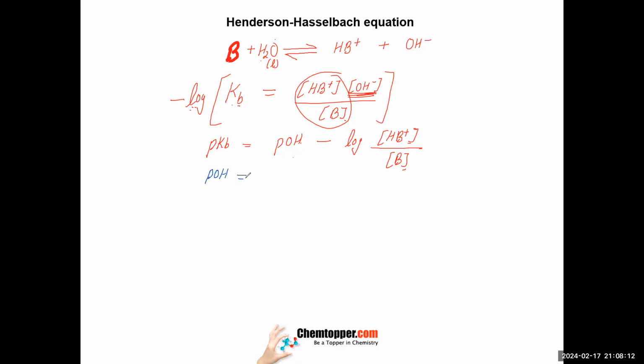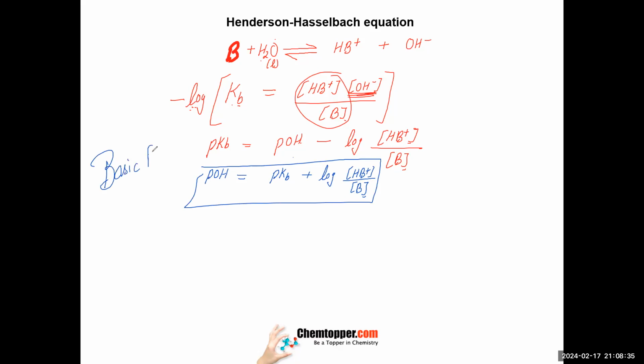So pOH is pKb plus log concentration of BH plus over B. You know, this is the equation for a basic buffer. Basic.